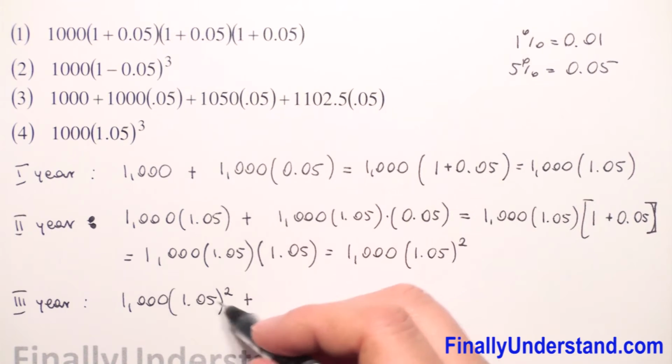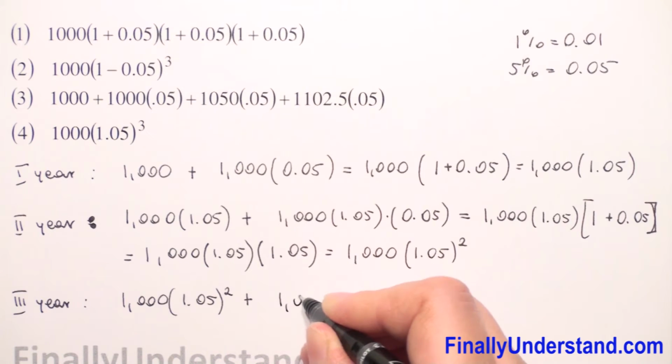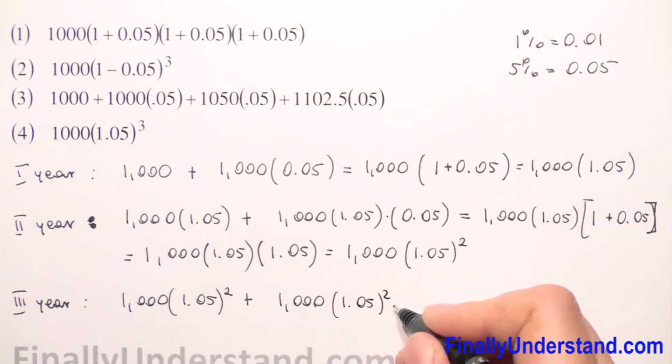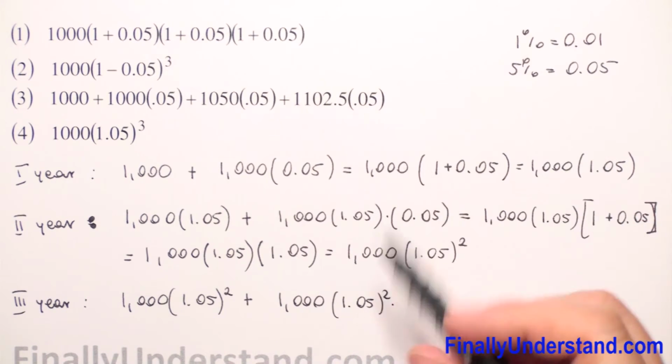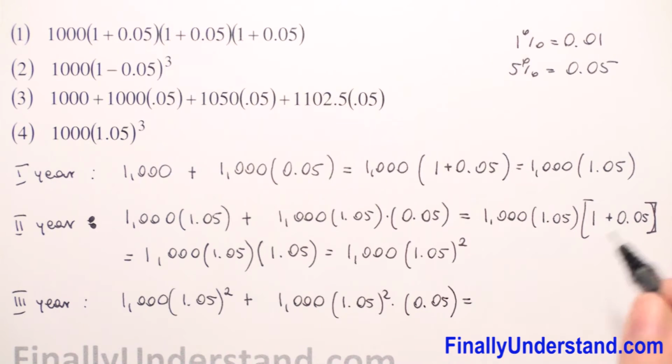So it will be whatever we have at the beginning of the third year, 1,000 times 1.05 to the second power, times this 5%. 5% is 0.05. So this is equal.